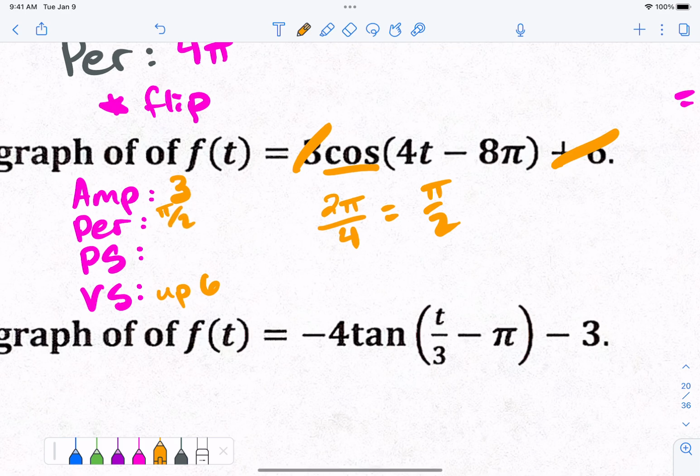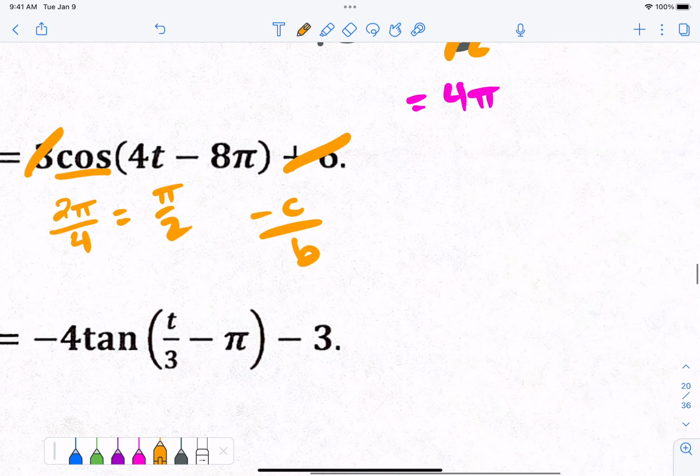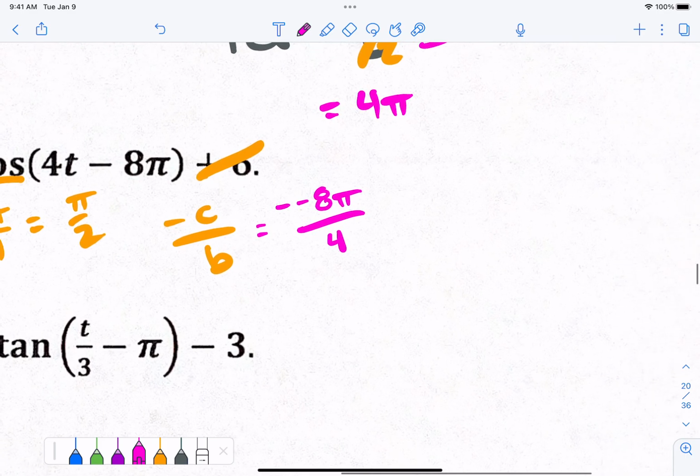Got it. For phase shift, negative c over b. What is c in this case? Negative 8 pi. So this would be negative 8 pi over b. Oh, 8 pi is on top, so 8 pi over 4 is going to be 2 pi.